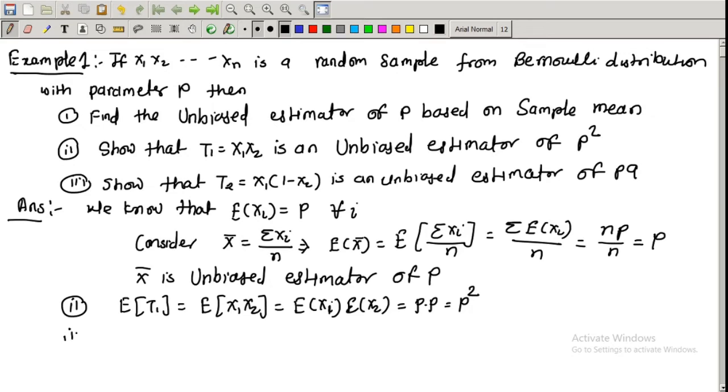Number 3, we have to show that T2 is equal to x1 into 1 minus x2 is an unbiased estimator of p into q.